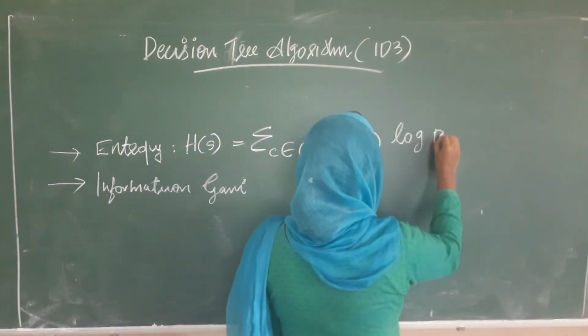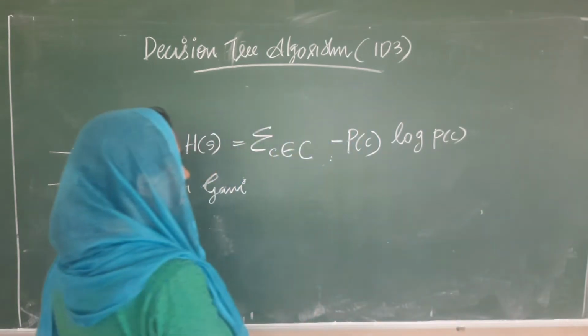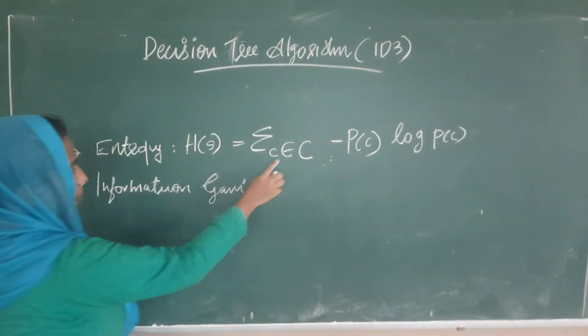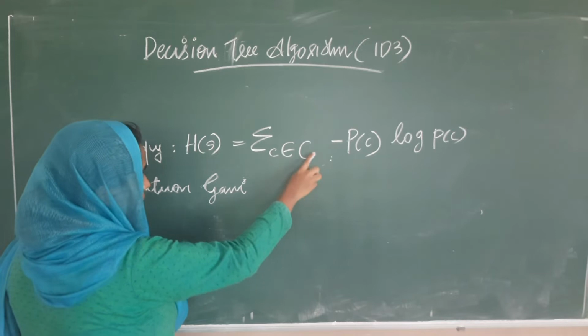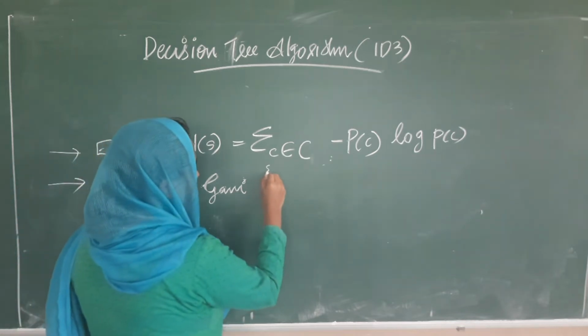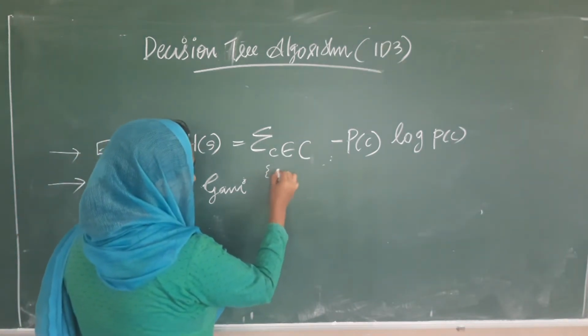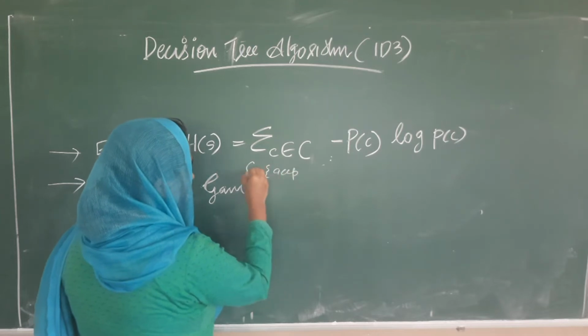See, probability of a class is P of c, where capital C is the total set of classes. For example, if there are two classes like accept or decline, C is just accept and decline.